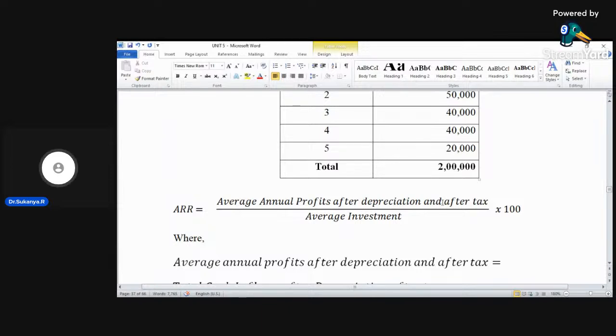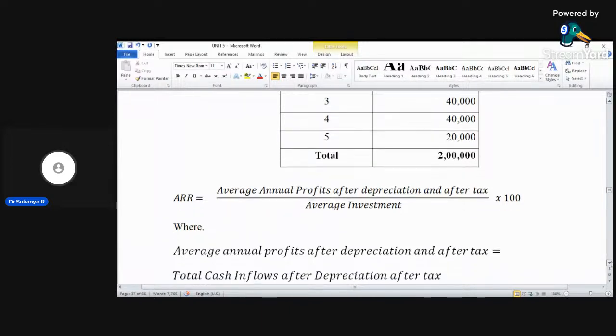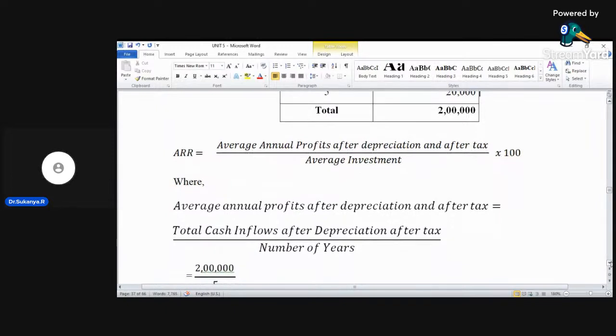Yes. Now, what I did, I wrote the formula: average annual profits after depreciation and after tax divided by average investment. Now, dear students, I already told you what is the numerator and what is the denominator. Average annual profit after depreciation and after tax is nothing but the total cash flow that you get after depreciation and tax divided by the number of years.